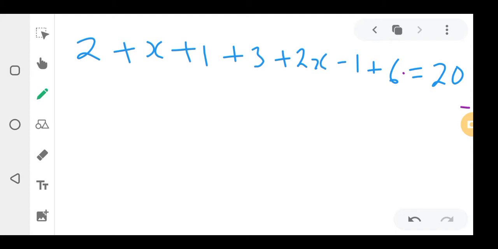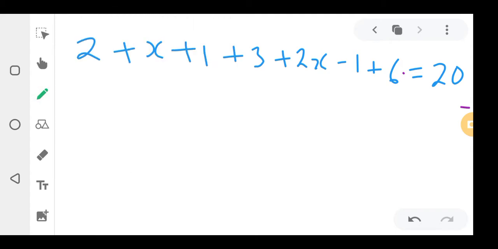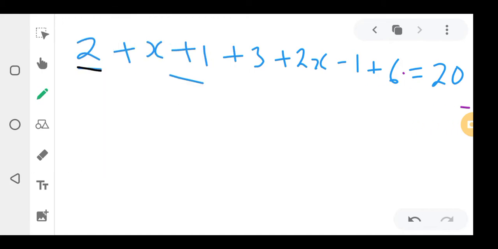So what do you have? You group the numbers together, the letters together. We'll start with the letters first.